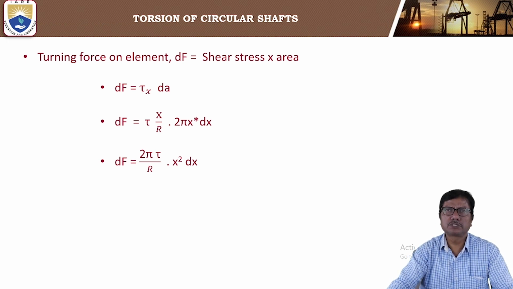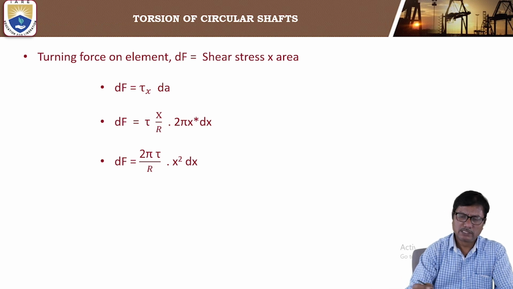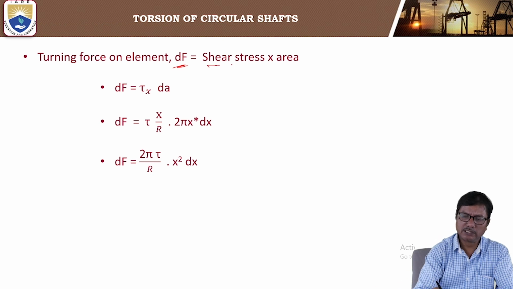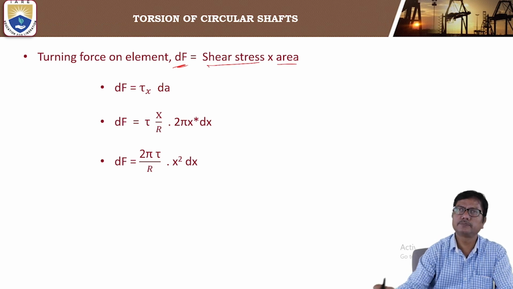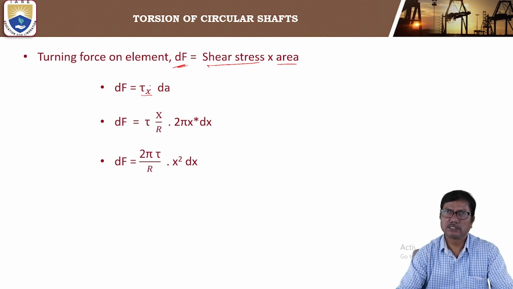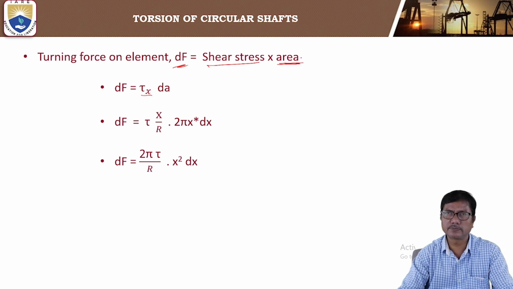Now the turning force acting on the element is represented by dF, which is shear stress multiplied by area. Shear stress at distance x is tau x and the area of the elemental ring is dA.